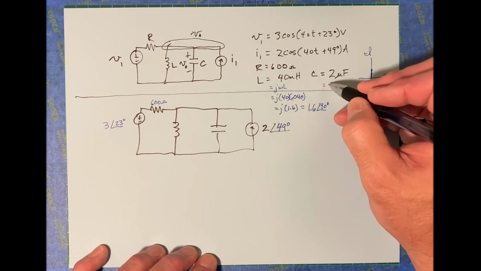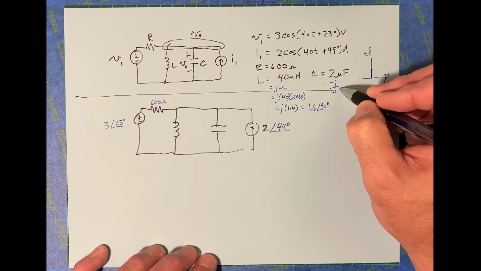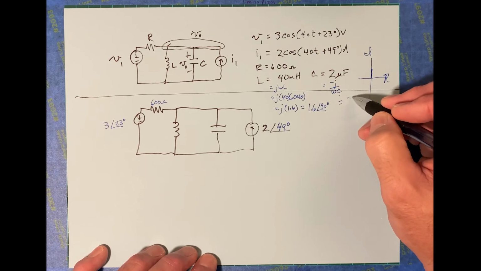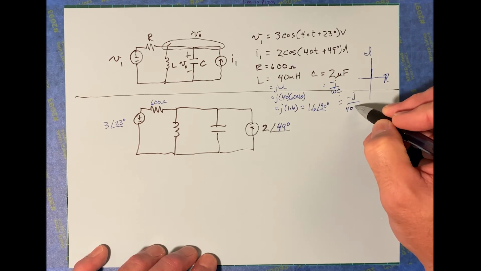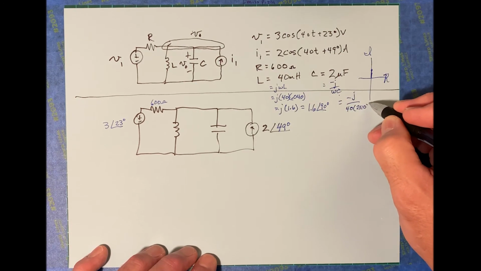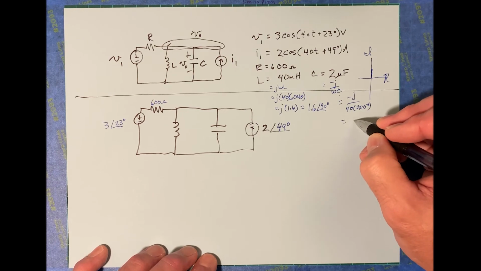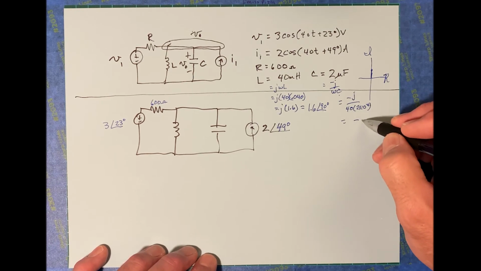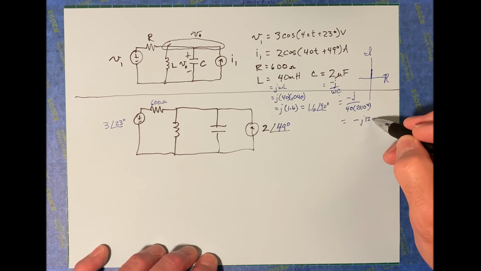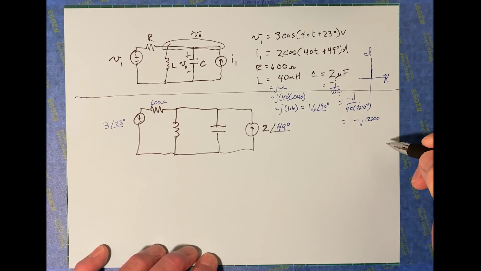Now we need to do this minus J over omega C, and when we do that, it's going to be minus J over 40 times C, which is 2 times 10 to the negative 6, and that turns out to be minus J 12,500.